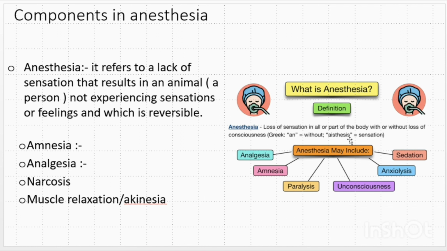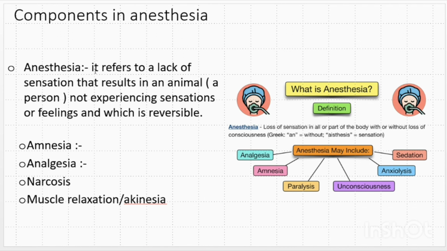So without sensation is the meaning of anesthesia. It refers to a lack of sensation in an animal, and we are also evolved animals, or a person, not experiencing any sensations or feelings, and which is reversible also.